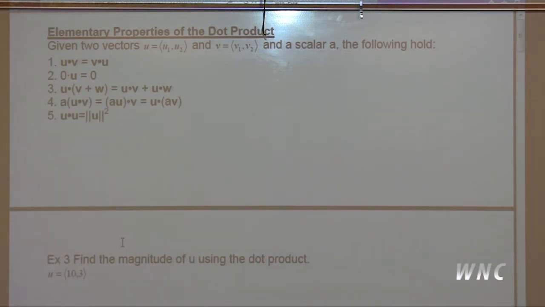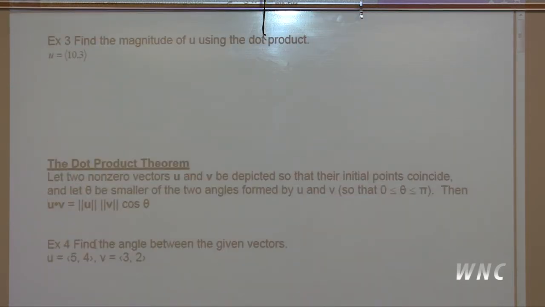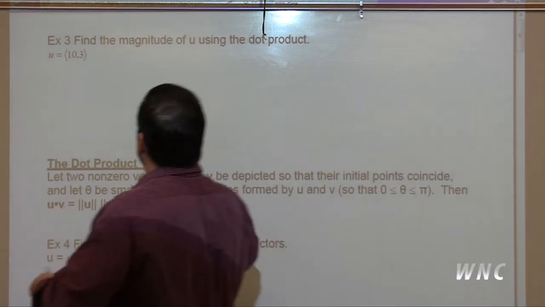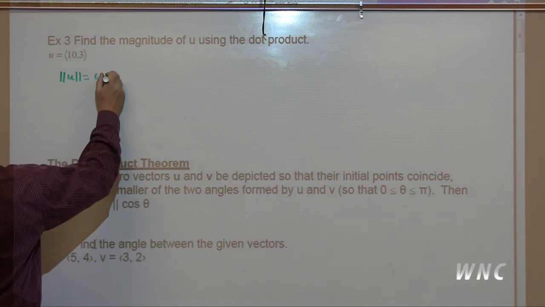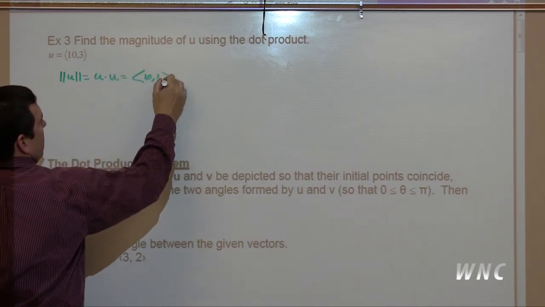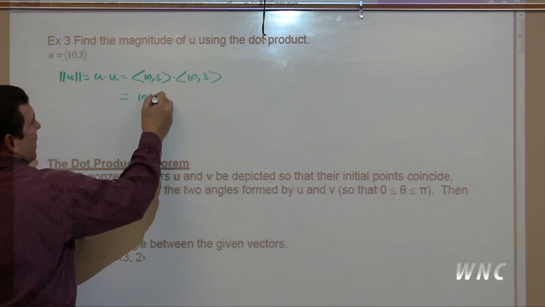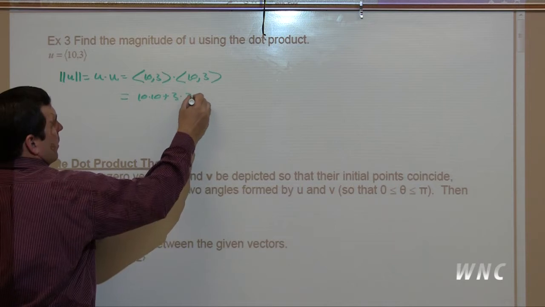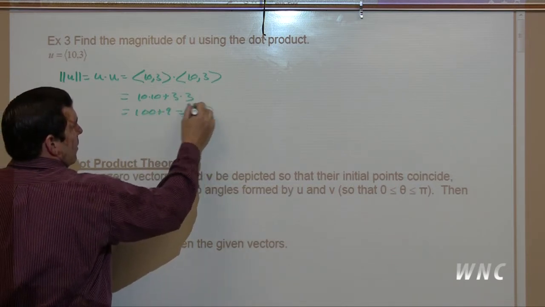So this next example, we're going to use that last property, number 5. Find the magnitude of u using a dot product. So the magnitude of u squared is going to be u dot u, which is 10, 3 dot 10, 3. That's 10 times 10 plus 3 times 3, 100 plus 9, or 109.